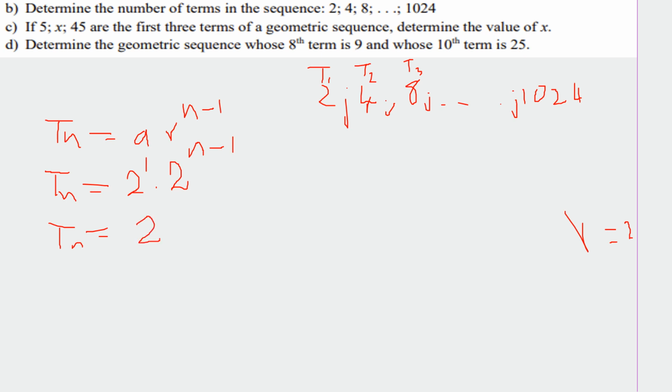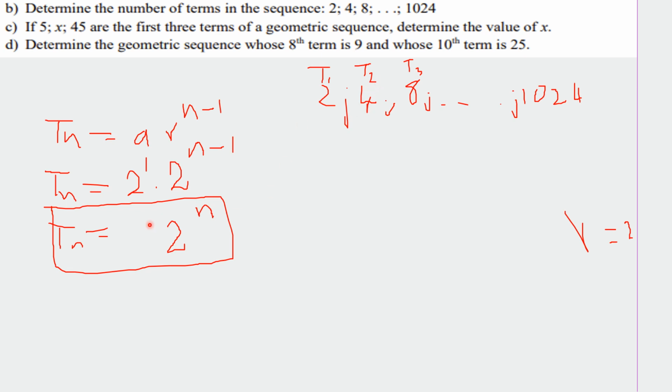This first term has an exponent of 1, so it's going to be 1 plus n minus 1, of which 1 minus 1 is going to be 0. I can just erase this one here and this one here, and then my answer will be 2 to the power of n. So this will be the general term of the sequence.